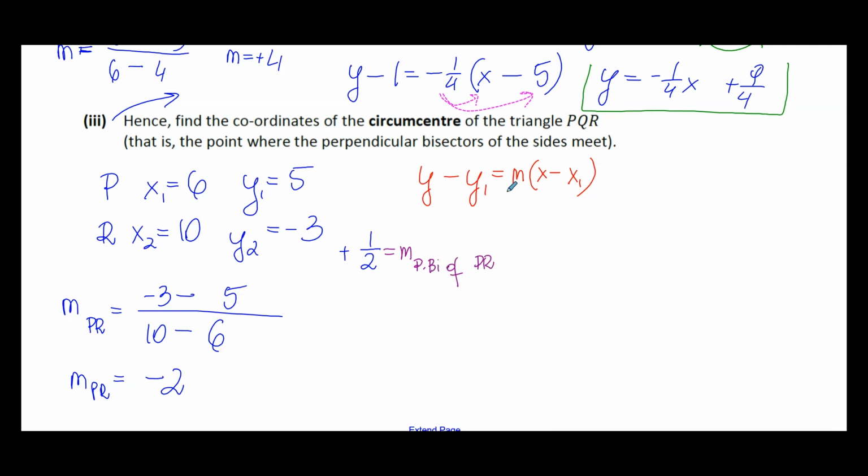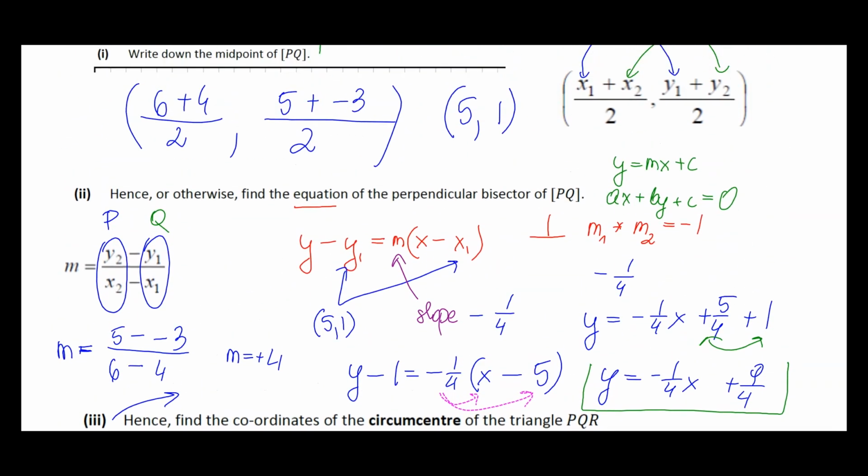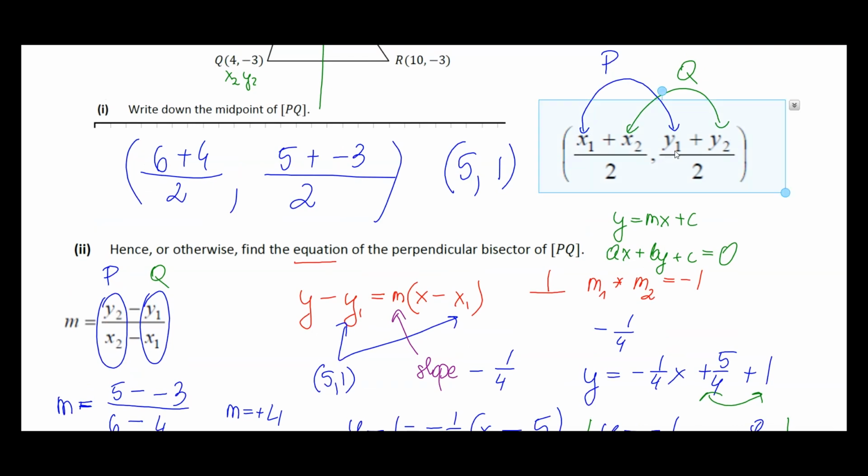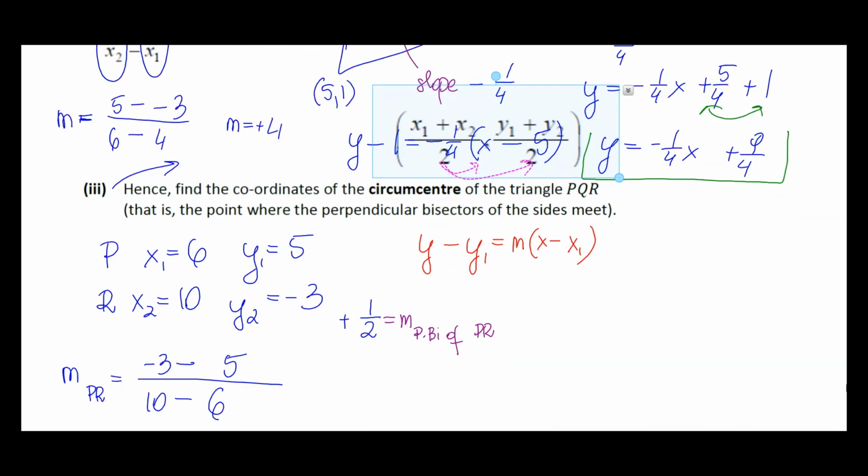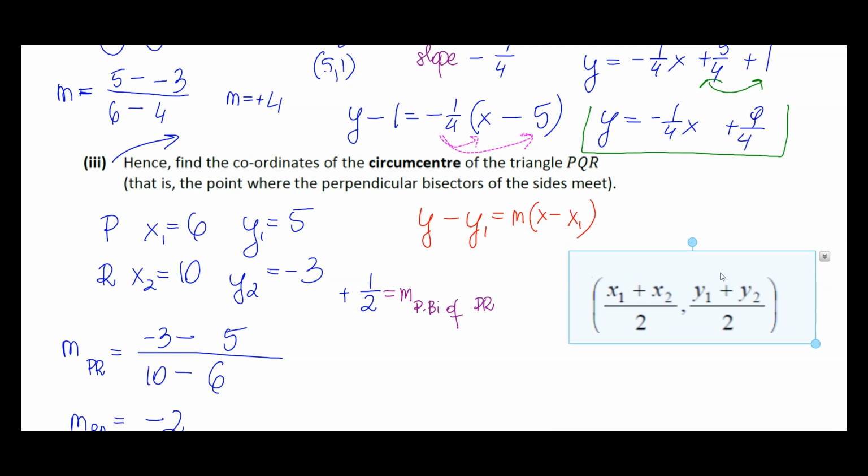Okay, what do we need else? A point, the midpoint. So again, I need to have the midpoint. Let's quickly take our formula from here for the midpoint, because I need a point that is on the perpendicular bisector. So again, those are our numbers. So that means x1 is 6 plus x2 10, and then second, y1 is 5 plus y2 minus 3, each over 2.